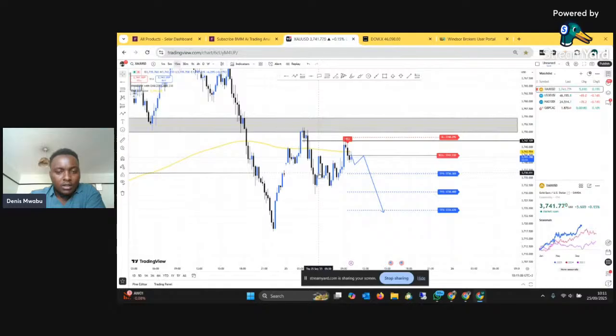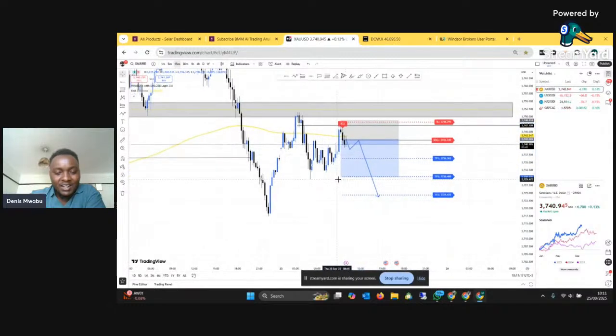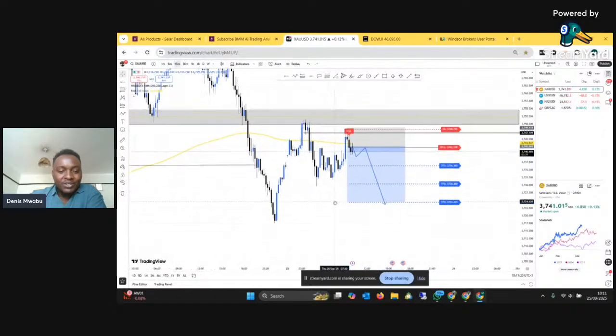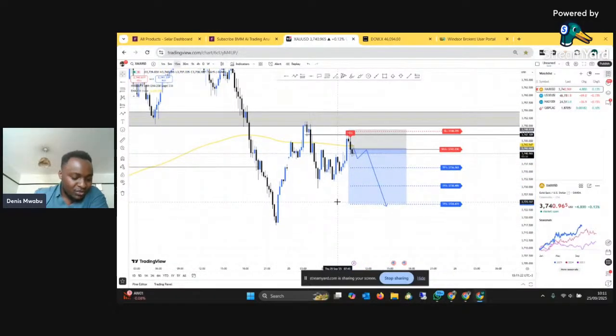What do you think, guys? Gold, I'm usually very reserved when I'm trading gold. Let me just be honest with you guys. So anyway, if you're taking this trade, you can take it with low risk.